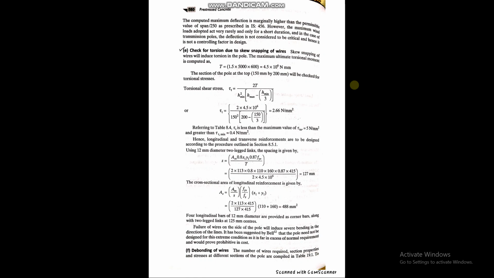Now coming to the next step, we have check for torsion due to skew snapping of wires. So what does skew snapping mean? I have discussed before as well, the poles are supposed to carry the transmission wires, right? In this case we have a twin conductor transmission wire, that means two conductors are passing through my pole.